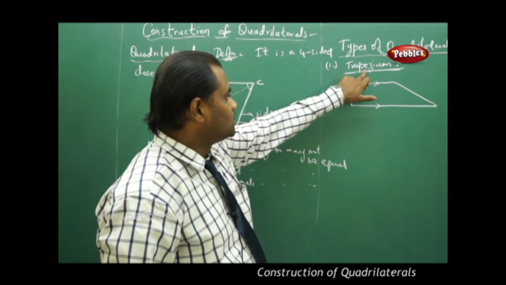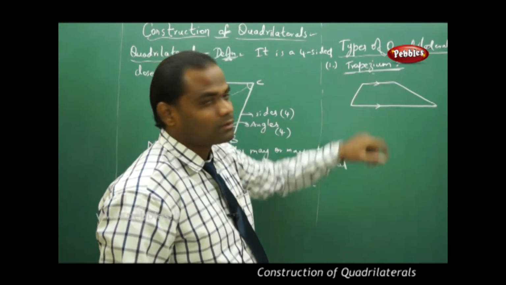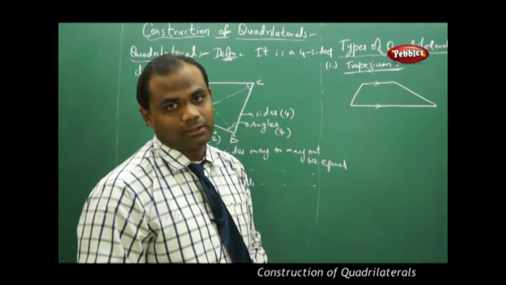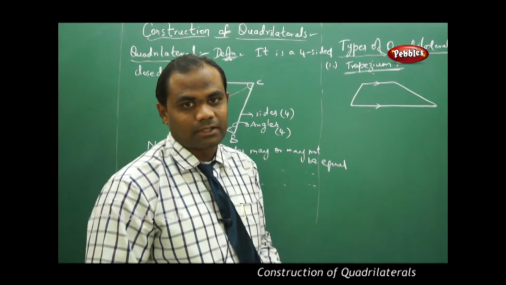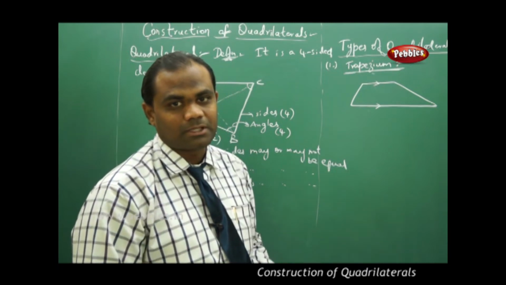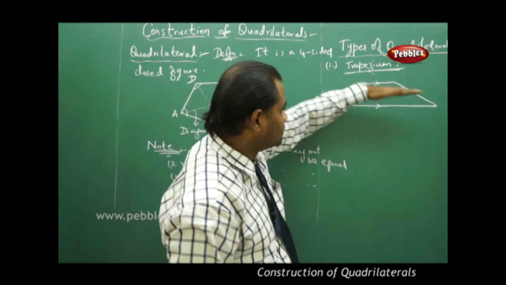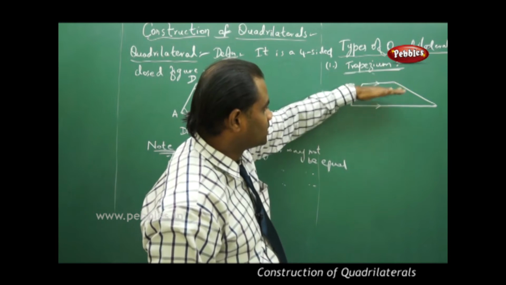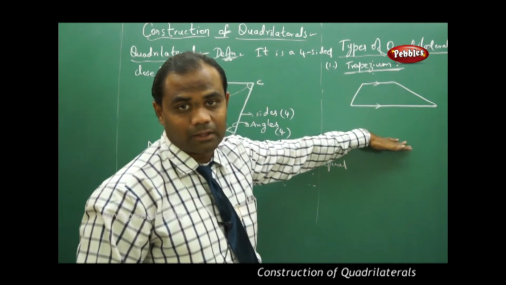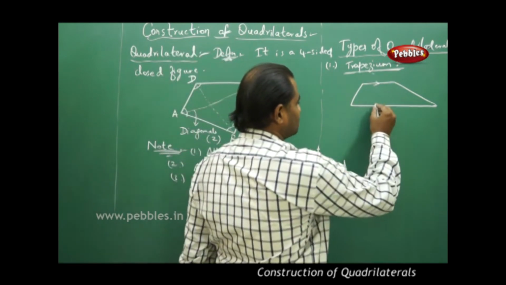So a quadrilateral is called a trapezium if one pair of sides are parallel. So there must be one pair of sides of the entire quadrilateral which must be parallel. So as I find in this diagram, this side is parallel to this.